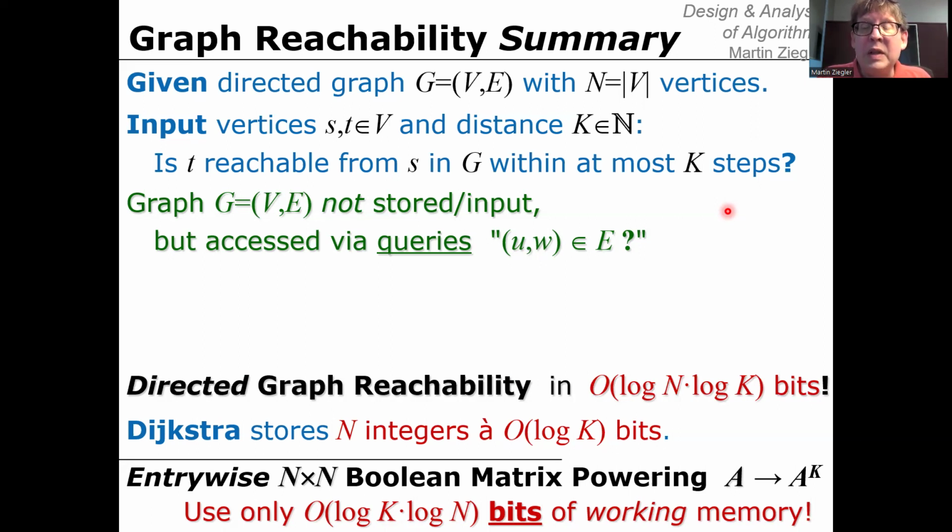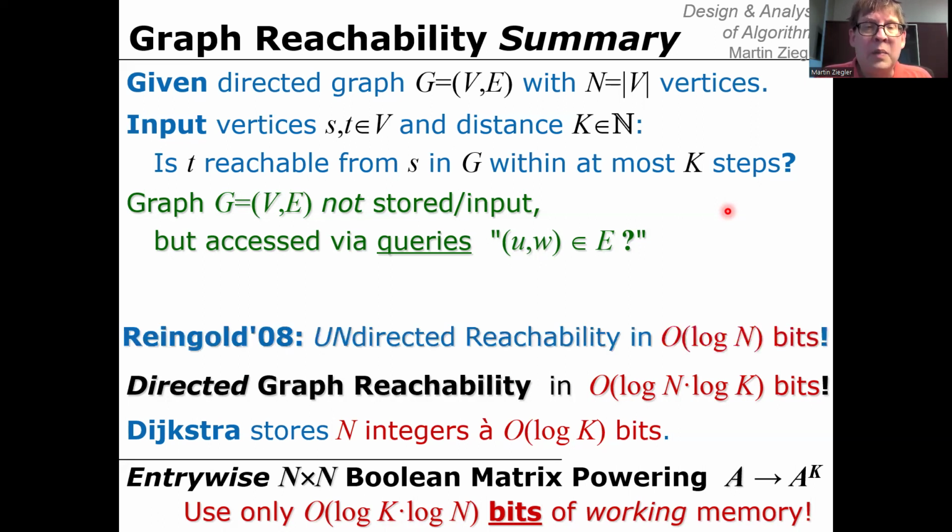And a very celebrated result of Omer Reingold from 2008 indeed achieves this. Reingold devised and analyzed a very, very sophisticated algorithm for deciding graph reachability in the above sense using only log n bits.